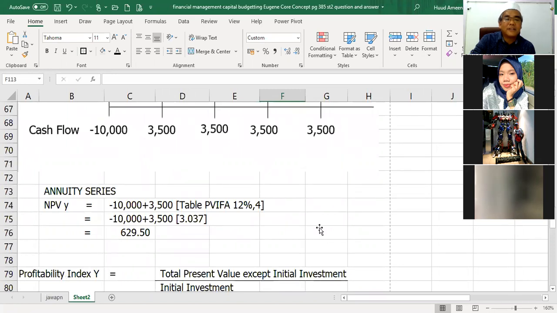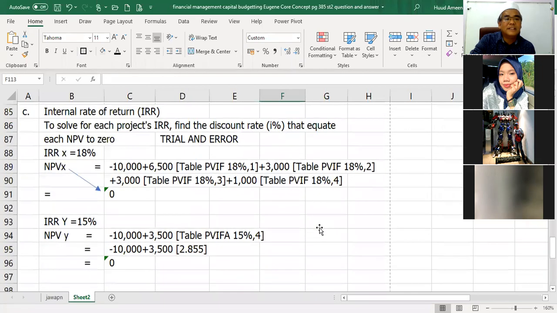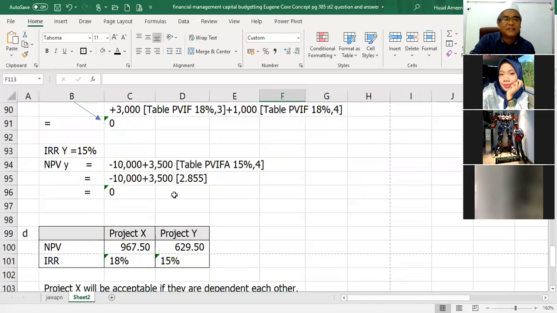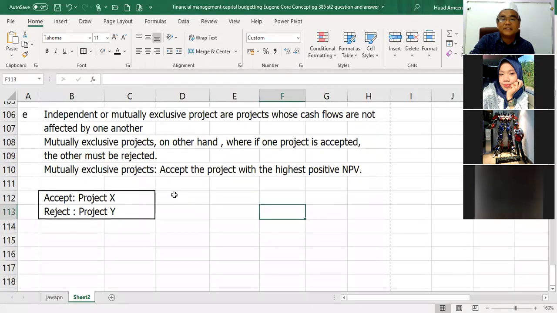The difference between X and Y is that you use annuity because of the same amount every year. And then this is a very tough question: internal rate of return. Our target is NPV equal to zero, and you have to try and error in this formula. Don't forget the theory; you have to write down the theory.